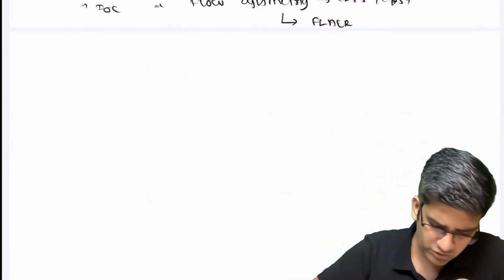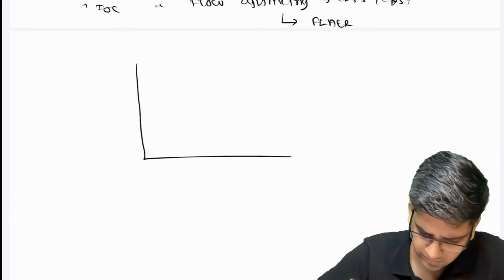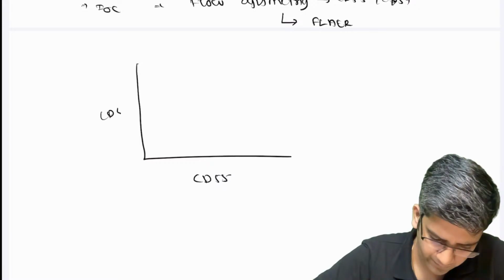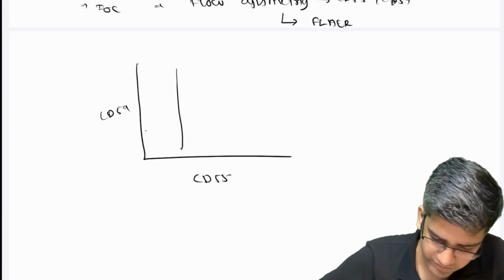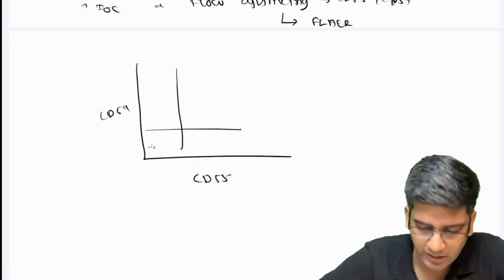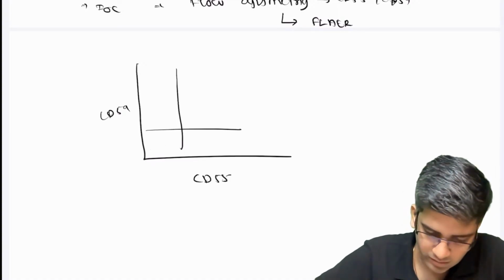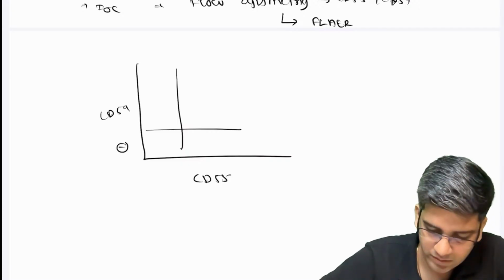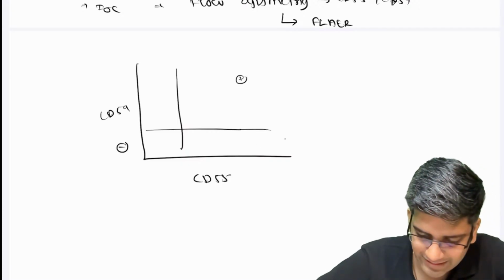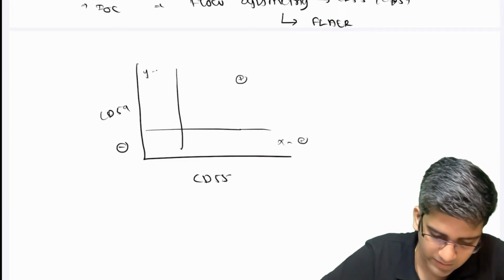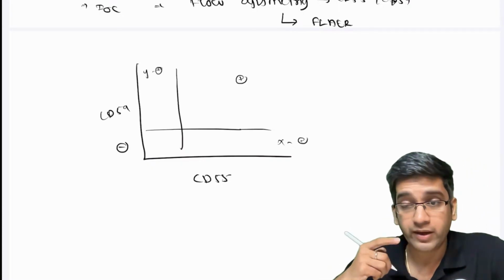See, the flow cytometry graph of CD55 and CD59. Let's assume this is a flow cytometry. We have CD55, we have CD59, right? How flow works is this is double negative, this is double positive, this is x-axis positive and y-axis negative, this is y-axis positive, right?